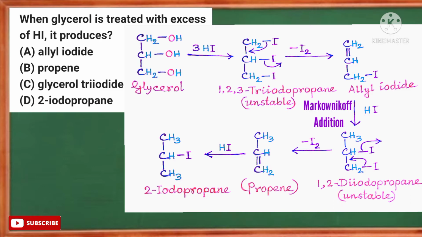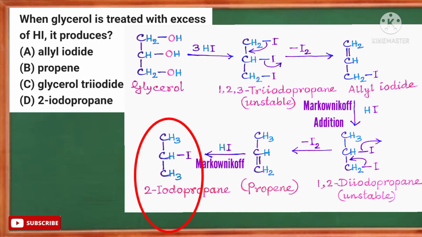And finally, another molecule of HI will be added to the double bond of the propene molecule by electrophilic addition reaction, and of course by following Markovnikov rule, to produce 2-iodopropane. Of course, the negative part of HI will be added to the carbon containing the least number of hydrogen.